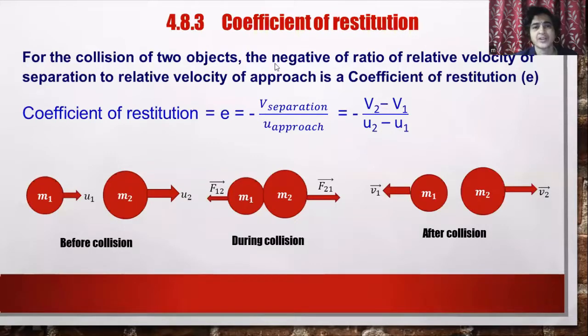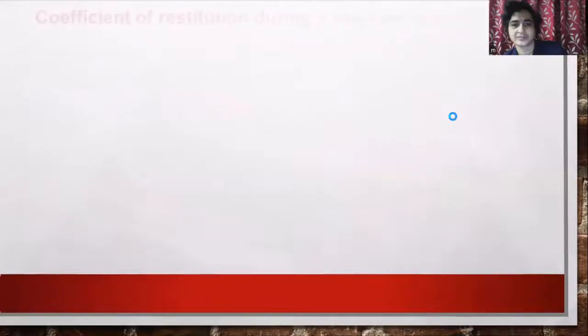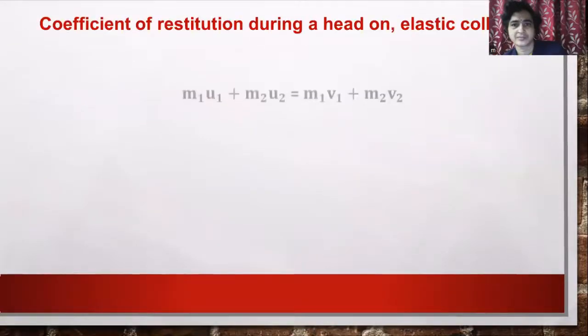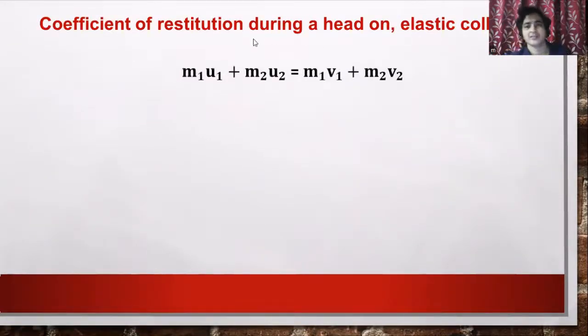Just now we have calculated coefficient of restitution for perfectly inelastic collision. Now if the same situation is a perfectly elastic collision, then we will calculate the coefficient of restitution. Let us see now.